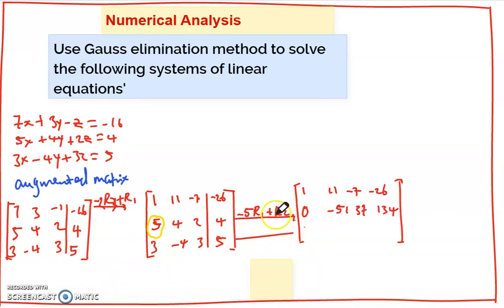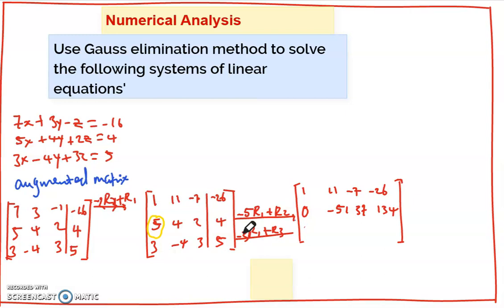Now that we've already made this 0, let's also reduce the third row, first column to be 0. So what we are going to do here is take -3 row 1 plus row 3. This is like saying -3 times 1 plus 3.